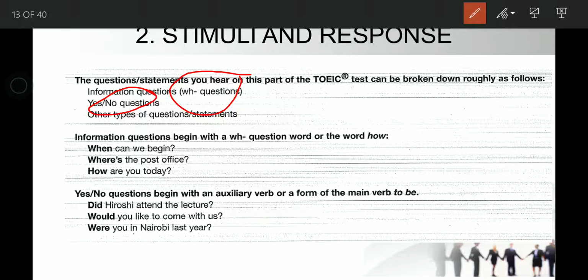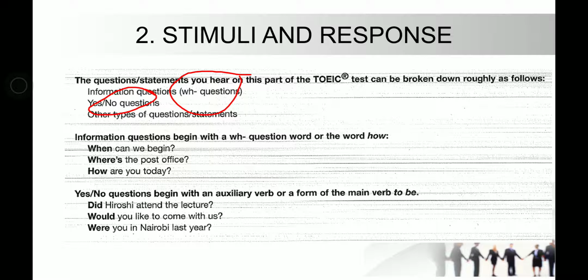Or maybe a kind of comparison. If the stimulus is are you handsome, the response might be my father is more handsome, for example. Okay, you may take a look at that tip.